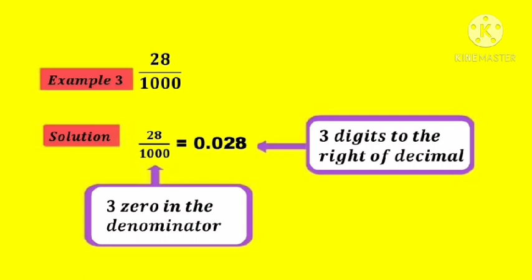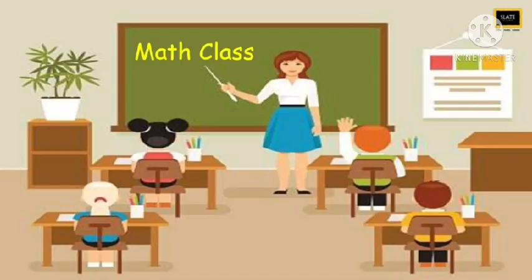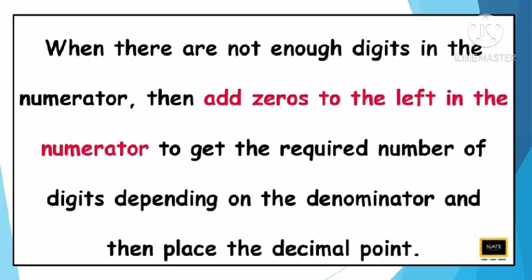So, 28 by 1000 is written as 0.028. Slaters, let me share a quick tip with you which will help you while converting decimal fractions into decimals. When there are not enough digits on the left of the numerator, add zeros to the left to get the required number of digits depending on the denominator and then place the decimal point.